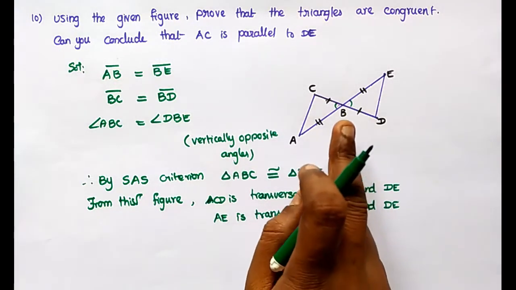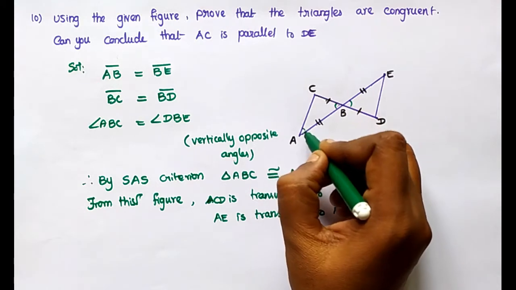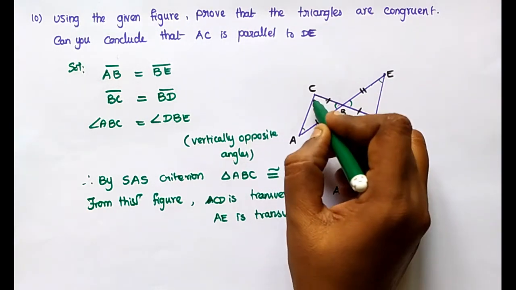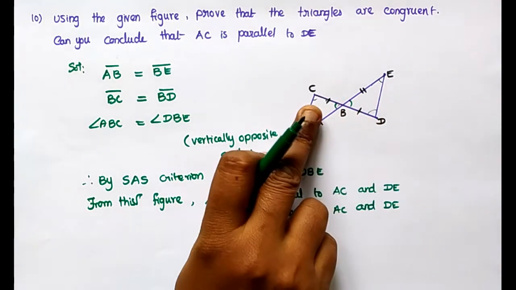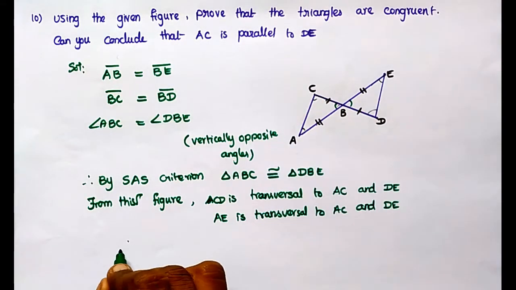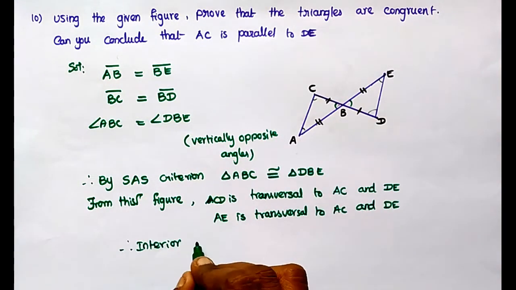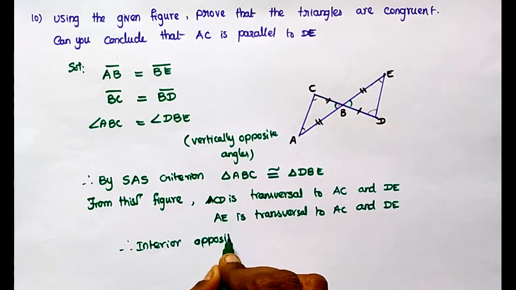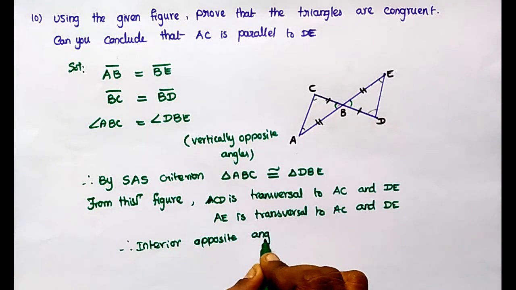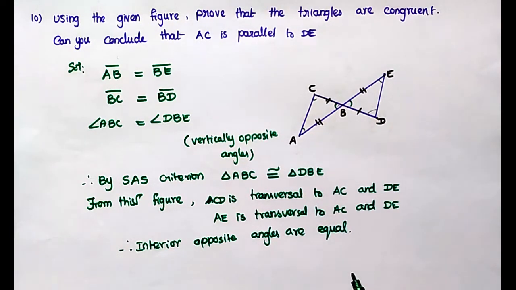So interior opposite angles are equal here. Angle A equals angle E and angle C equals angle D. Interior opposite angles are equal, right?